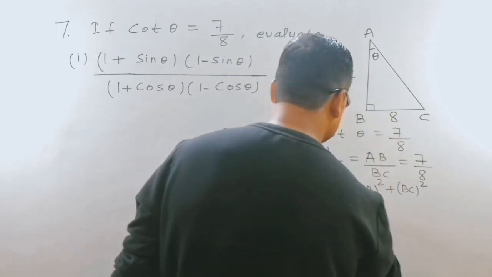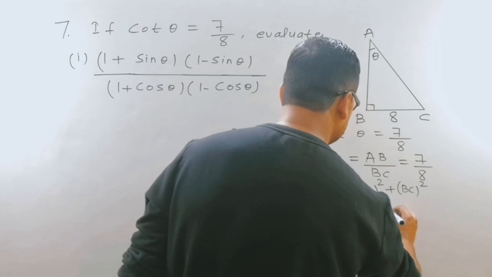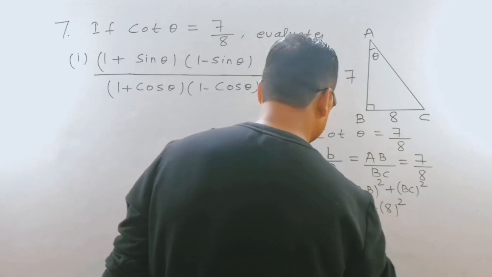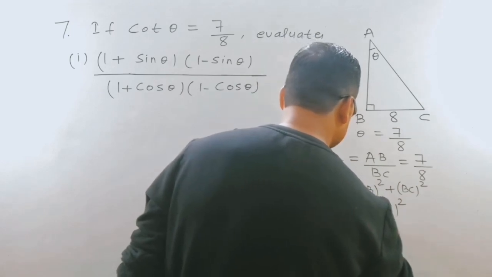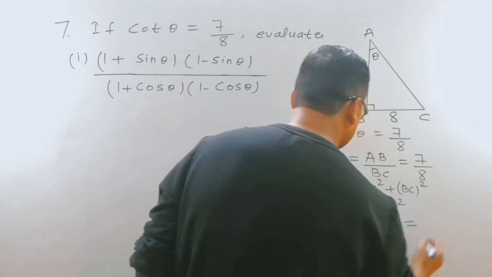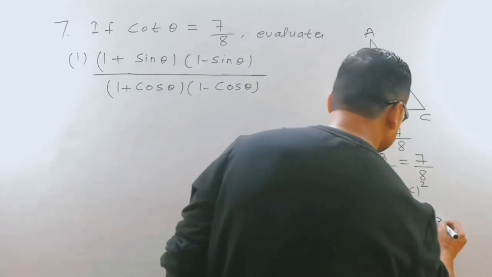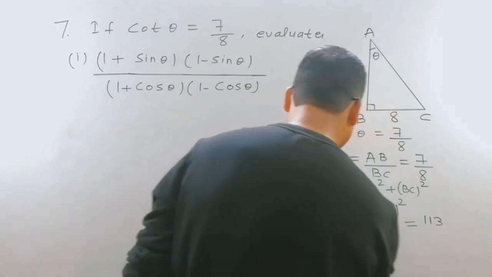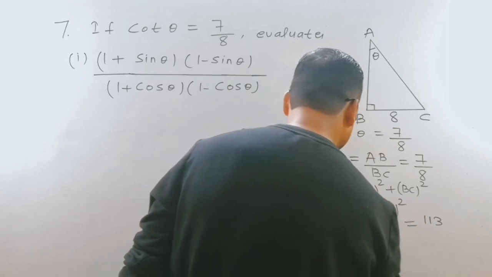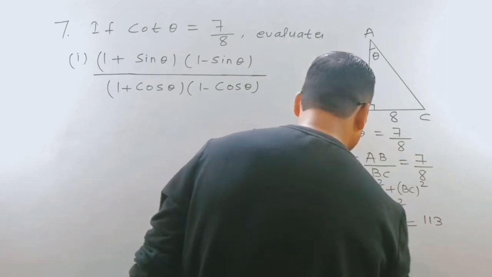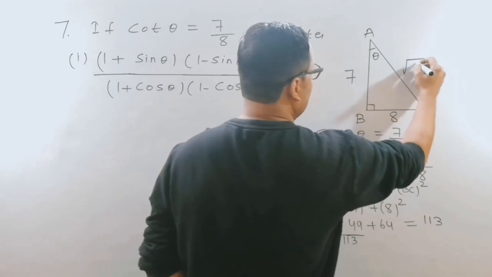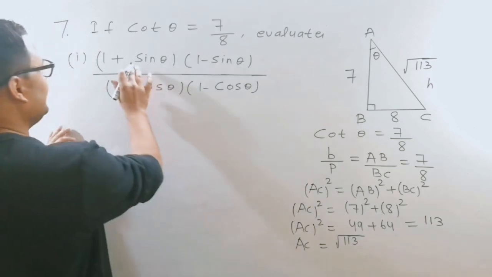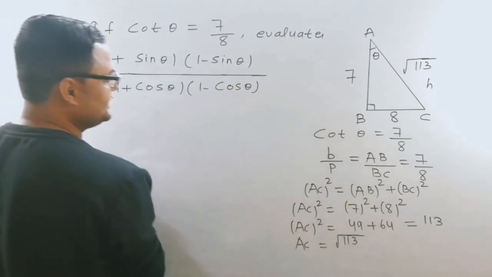AB equals 7 and BC equals 8. Simplifying, 7 square is 49 plus 8 square is 64, which adds up to 113. So AC will be root 113. So the hypotenuse we got is root 113. Now I need sin theta and cos theta.